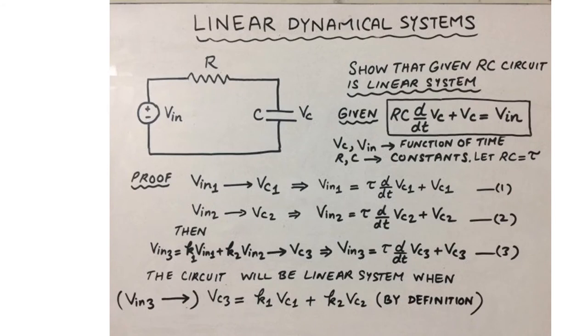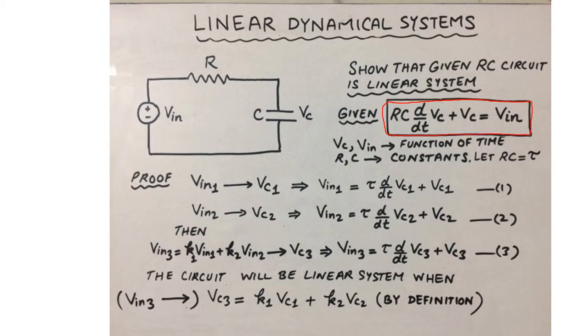Let us show how one can formally prove that the given series RC circuit is linear. For that, we need an input-output relationship, which in this case is described by a first-order differential equation.